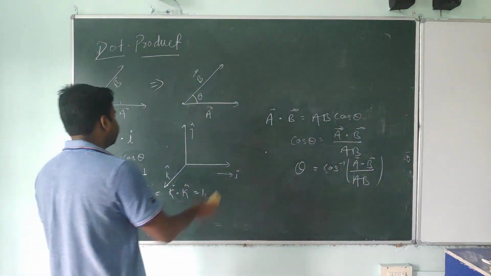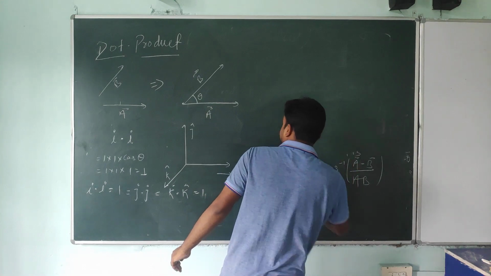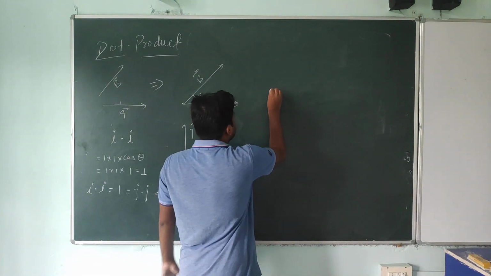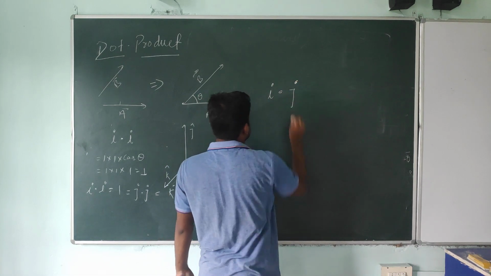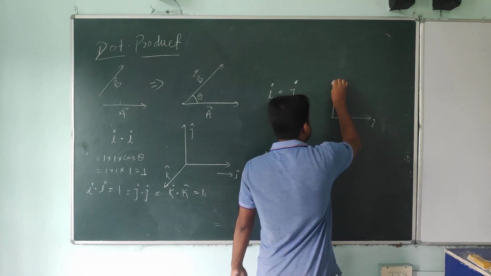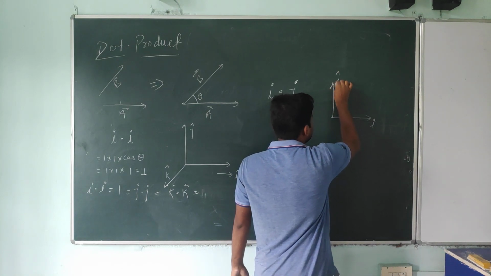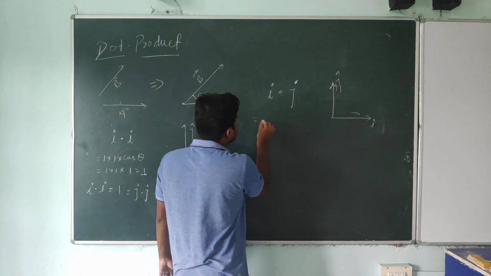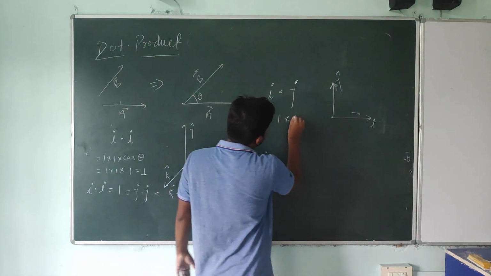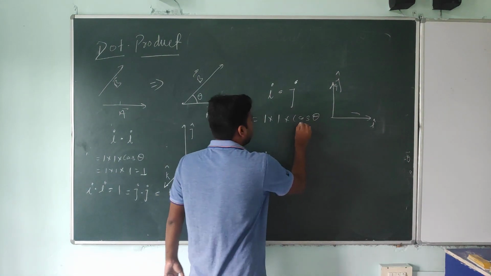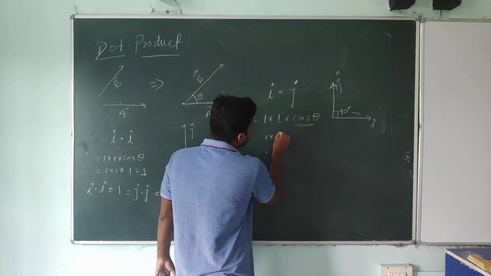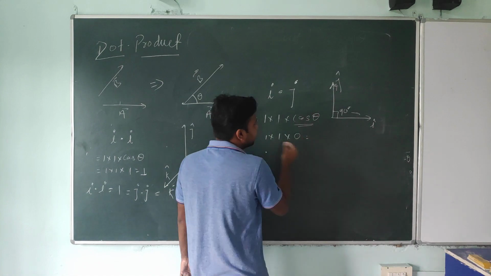Now here I am going to take the dot product i dot j. Look at this. i is in this direction, j is in this direction. So what we can write here? 1 into 1, magnitude, into cos theta. Cos theta is what? Here the angle is 90 degrees. It means 1 into 0, something into 0, 0.